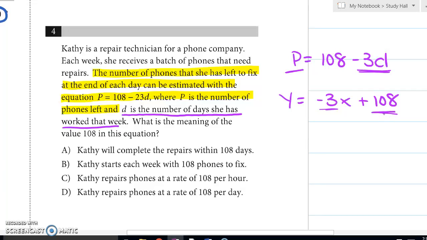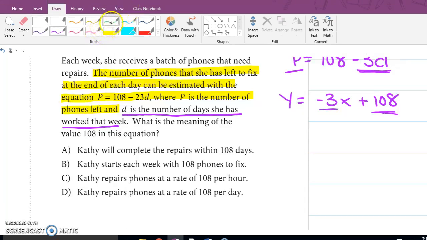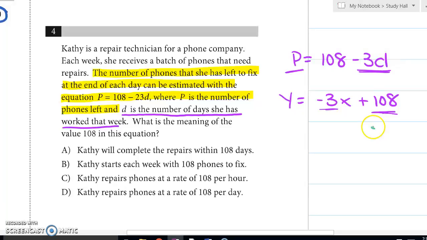Why that helps us is because the vocabulary slope and y-intercept always means something specific. The y-intercept is always your starting point, and slope is always what's changing. So if you can relate that to the words in this problem, it's going to make it a lot simpler.